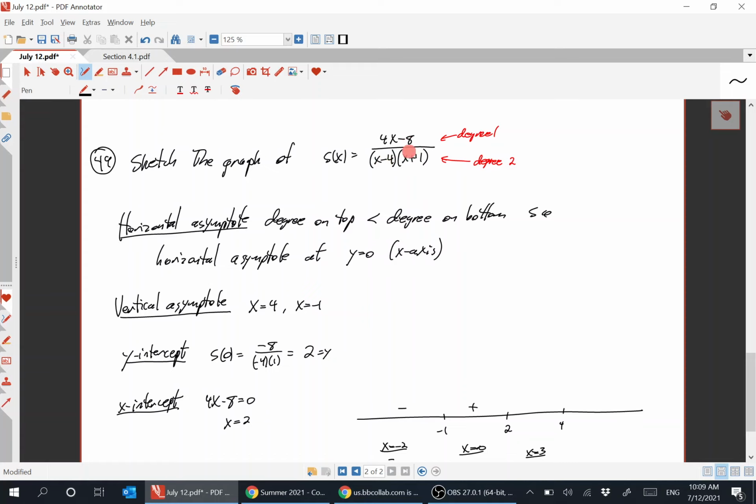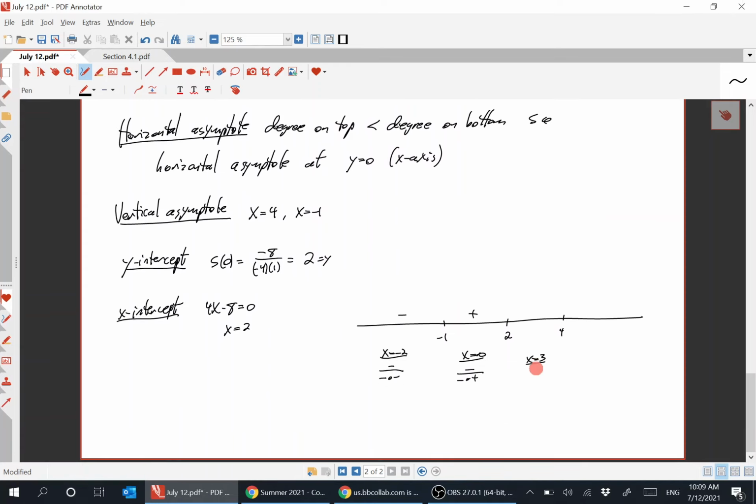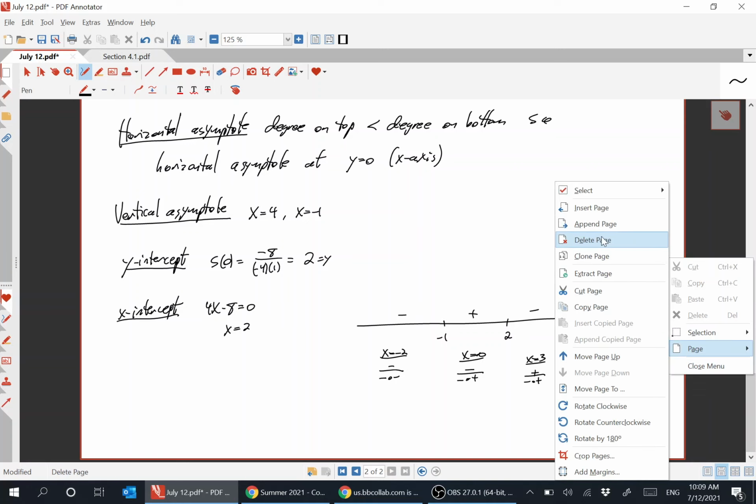This one is negative, positive. So positive over negative times positive. So the whole thing is negative. And then in this interval, everything's positive. Okay, so we've got positive and negative behaviors, x-intercepts, y-intercepts, vertical asymptotes, horizontal asymptotes, and then we put all that together and get a sketch of the graph.